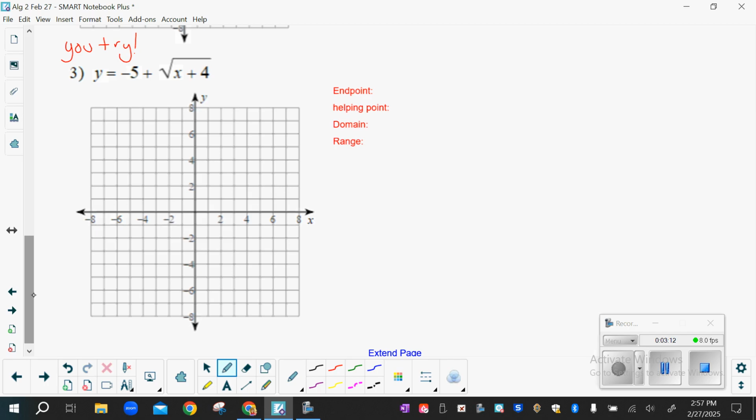So what would be the endpoint? 0, 4, -4.